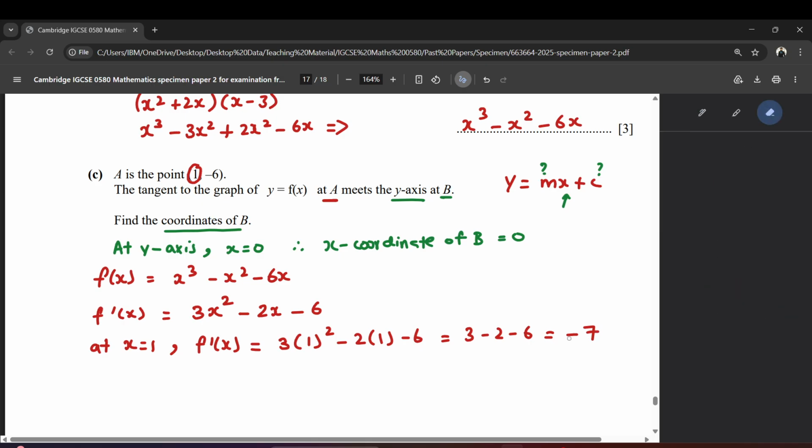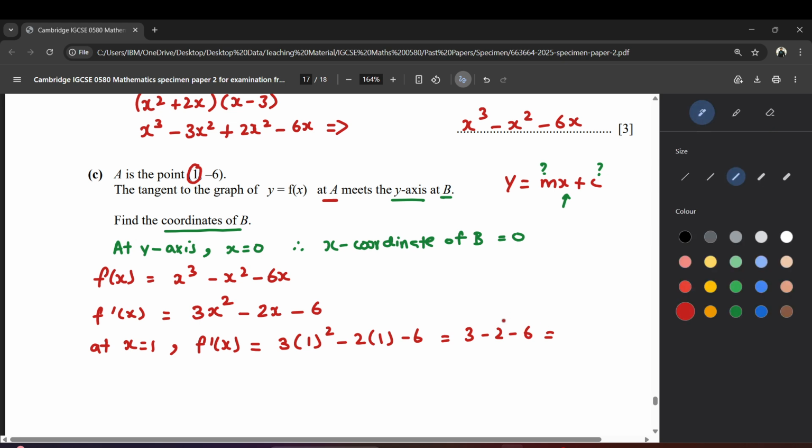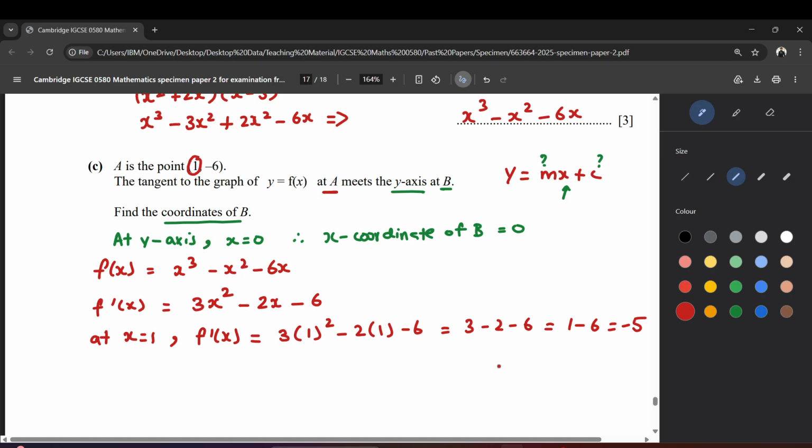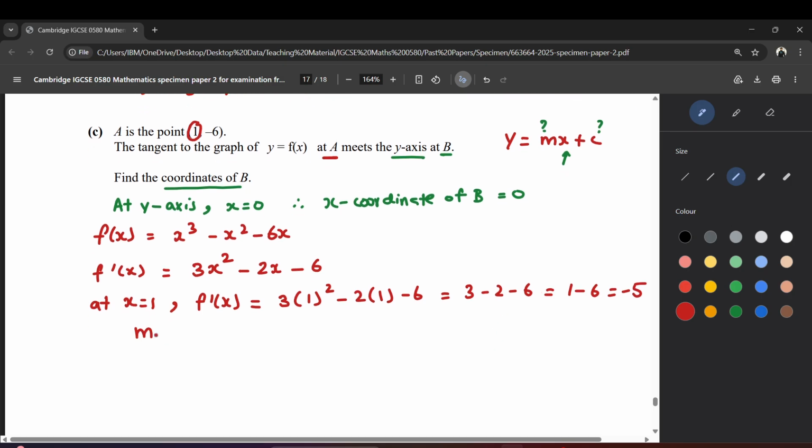Sorry, my bad. 3 minus 2 is positive 1. So positive 1 minus 6, that is minus 5. Okay. So m is equal to minus 5.